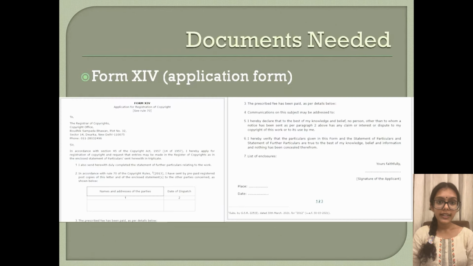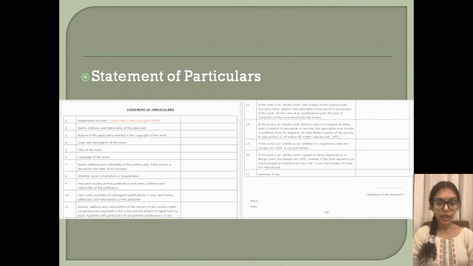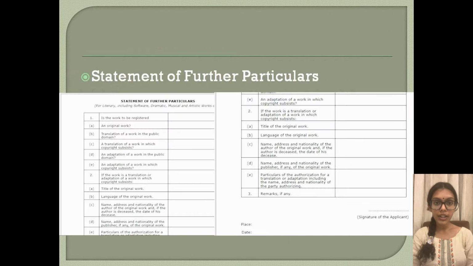Okay, let's talk about the documents that you will need to register a copyright in India. So the first one is Form 14 application. Second one is Statement of Particulars. Third one is Statement of Further Particulars. This one is for literary, dramatic or musical work.